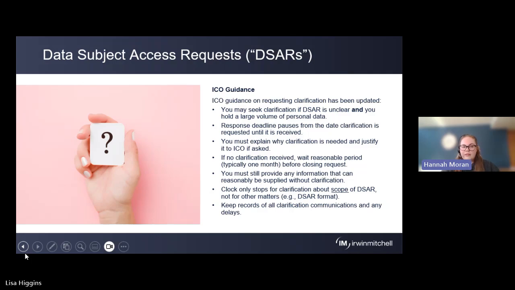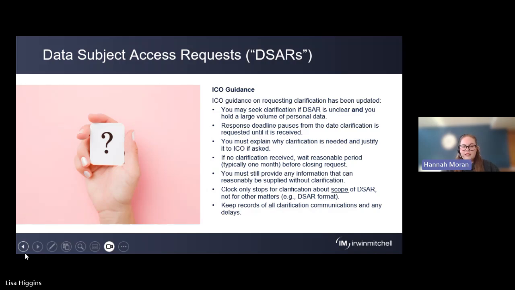If you're requesting clarification, you've got to be able to explain why you need clarification and tell the person of this, and also justify it to the ICO if you get asked. As we've talked about before, the deadline to respond to the DSAR pauses from the date clarification is requested until it's received. If the person responds on the same day, time won't be paused.